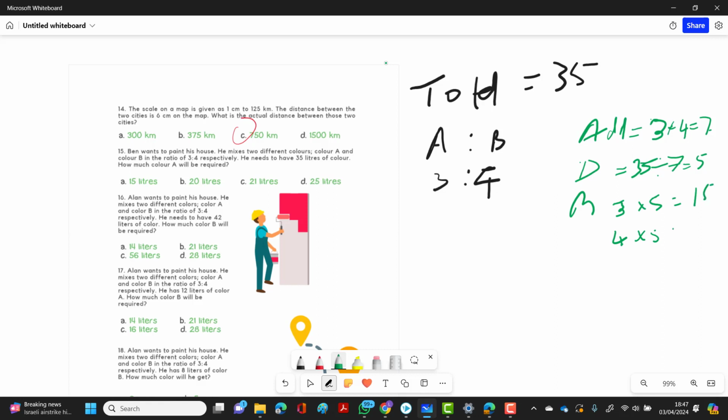So 15 and 20. So colour A, you need 15. For some reason the answer here says 25, that's wrong. It's 15.